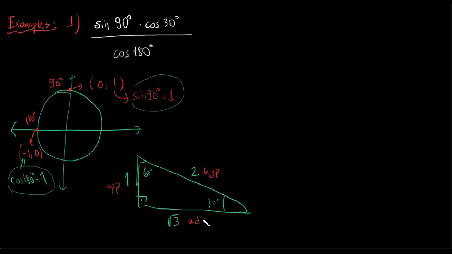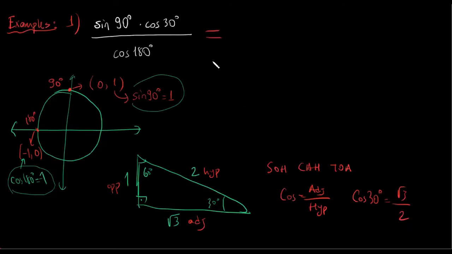So this is adjacent. So what is cosine? Adjacent over hypotenuse, right? So cosine of 30 degrees is going to be equal to adjacent, root 3, over hypotenuse, 2, root 3 over 2.